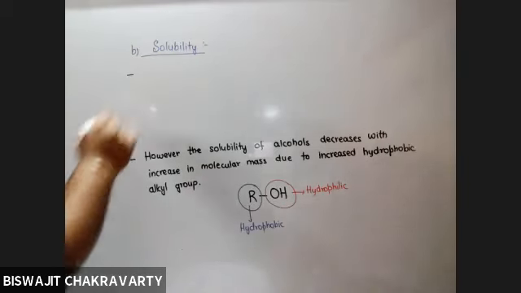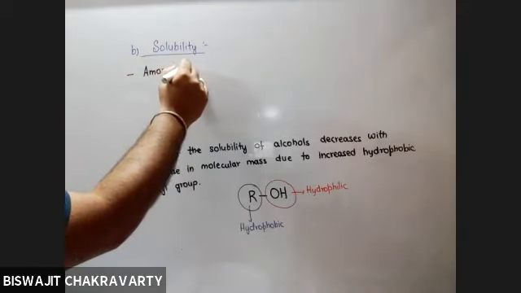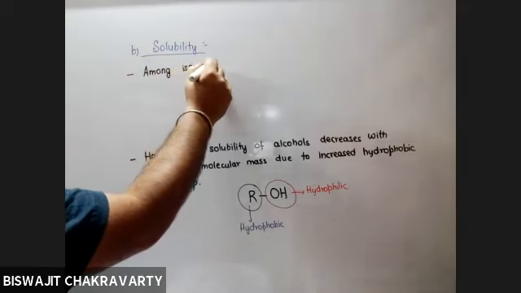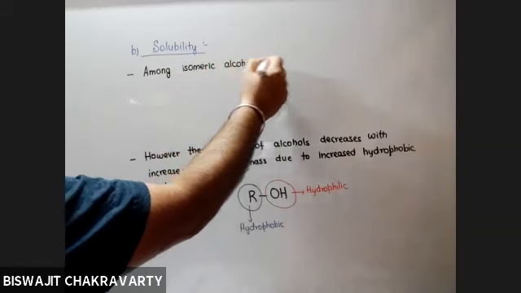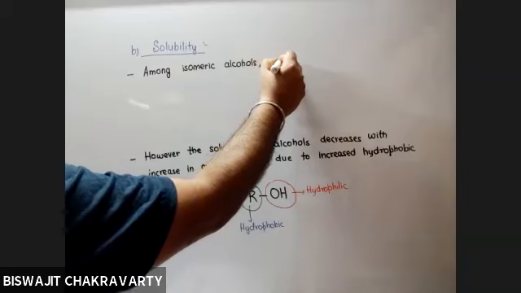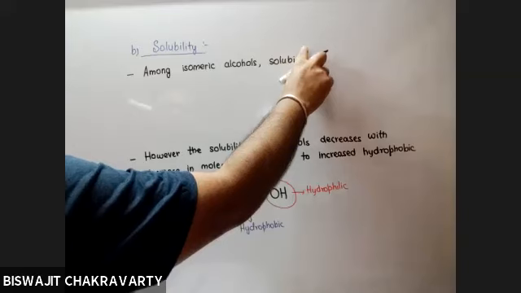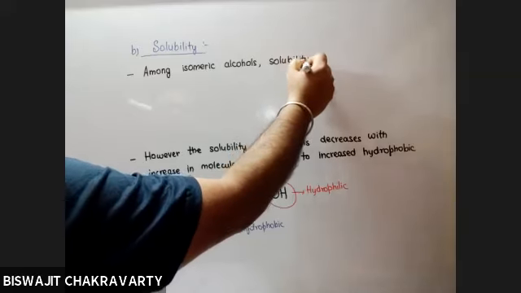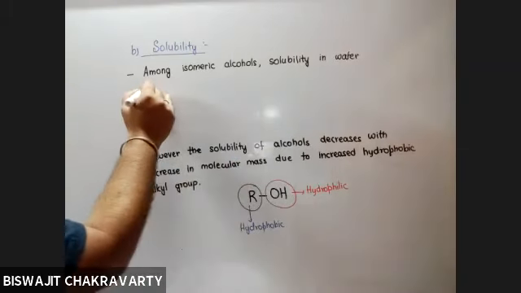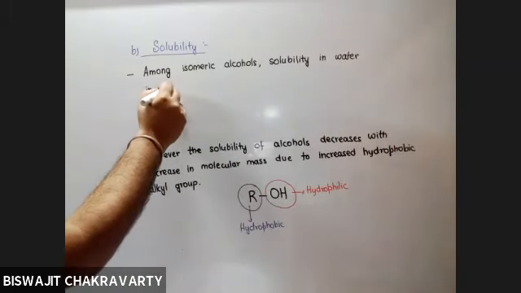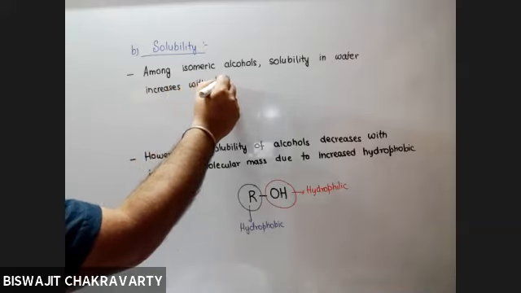Point number next. Among isomeric alcohols, solubility in water increases with branching.